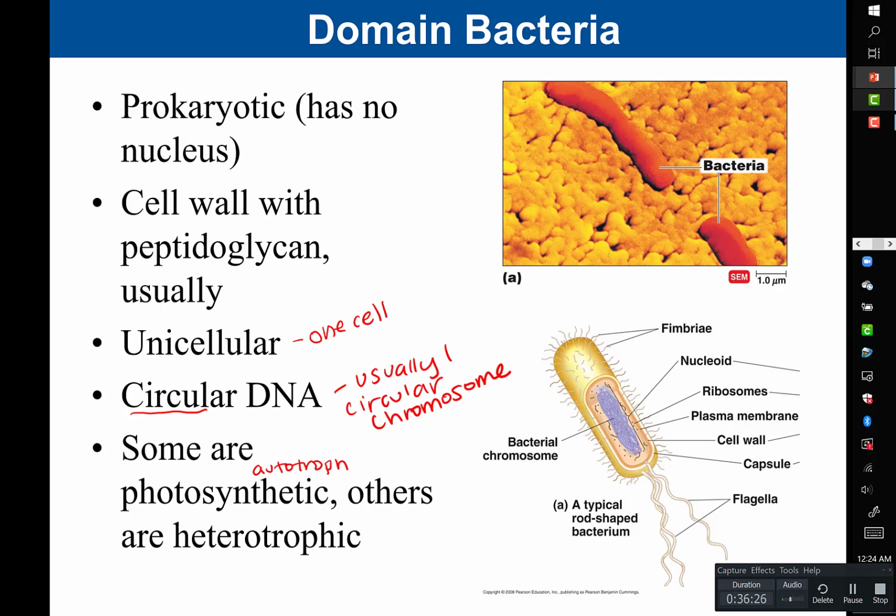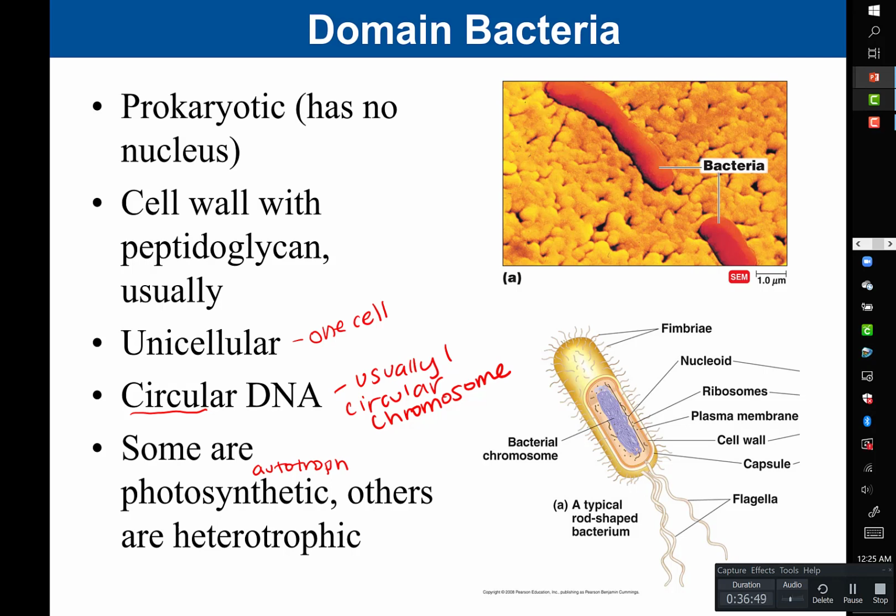It's in a nucleoid region, so it's in this region of the cell, but it's not separated by a membrane. Bacteria have ribosomes, because remember that all cells have ribosomes in order to synthesize proteins. And then bacteria can have a whole host of optional organelles, meaning that not all bacteria will have these organelles.